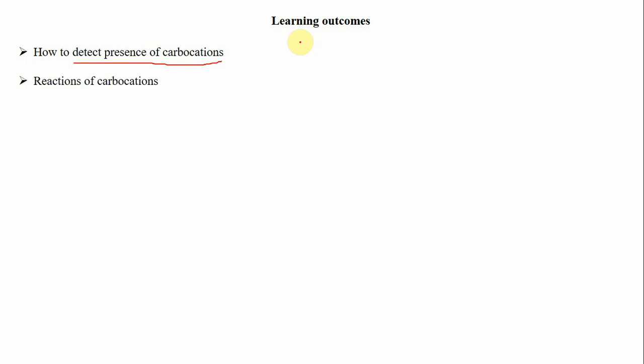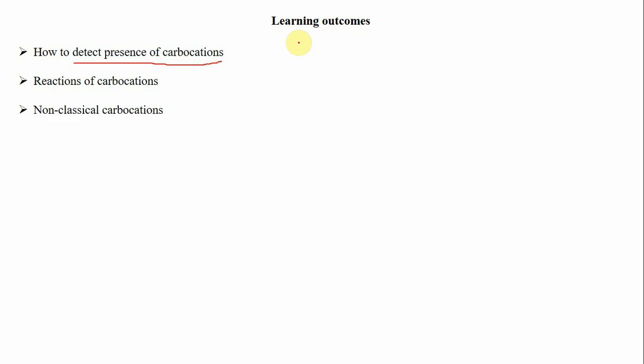Then we have discussed the various reactions of carbocations like nucleophilic substitution reactions, elimination reactions, and addition reactions. But the characteristic reactions of these carbocations are rearrangement reactions, in which they undergo a rearrangement to acquire extra stability. And this rearrangement can occur by either a 1,2-hydride shift or a 1,2-methyl shift.